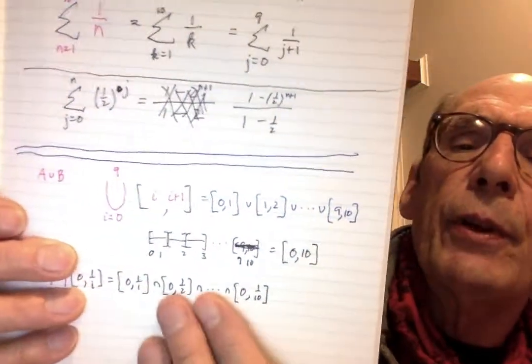So here, it's always good to write out a few of them. The first one is the closed interval from 0 to 1 over 1, and then the closed interval from 0 to 1 over 2, and the last one is from 0 to 1 over 10. There's a convention when you're writing these out.